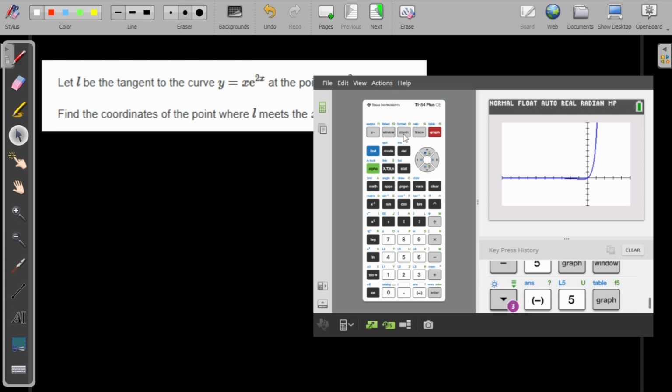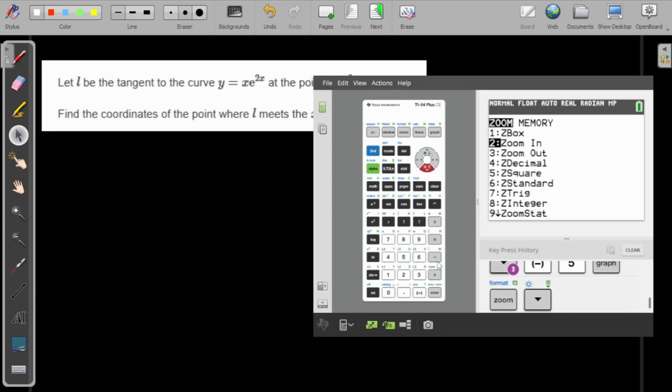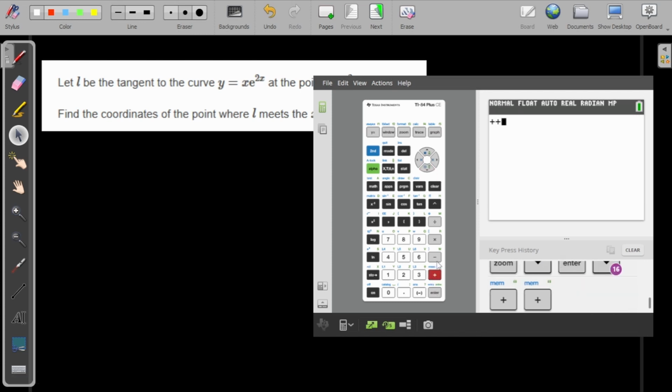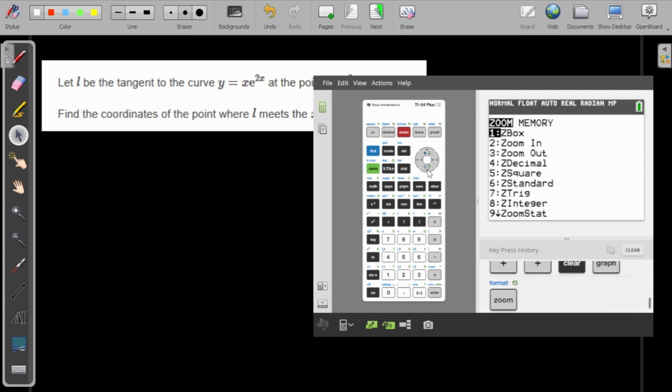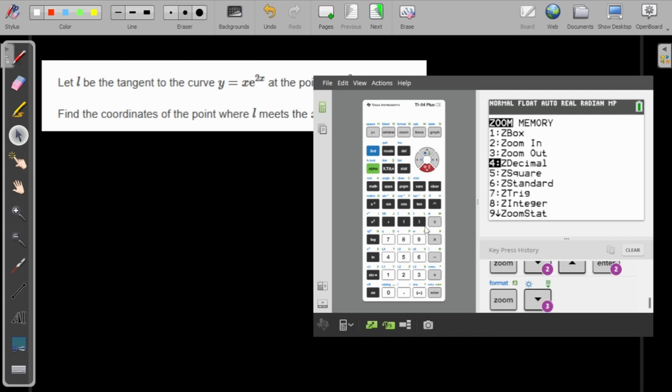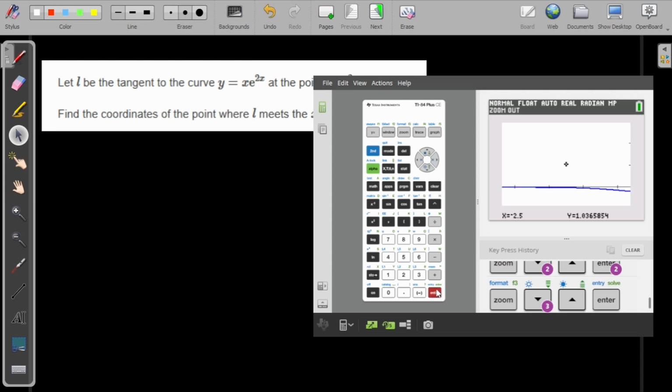let me zoom in. So you see at some point here, no, basically I don't need to zoom. I will zoom out to see it better.